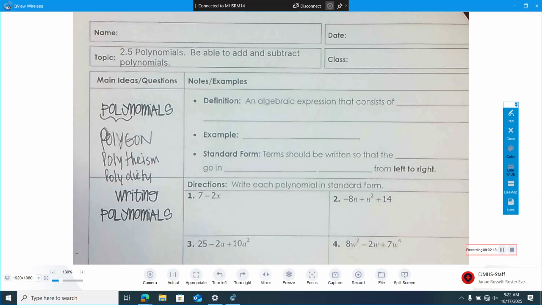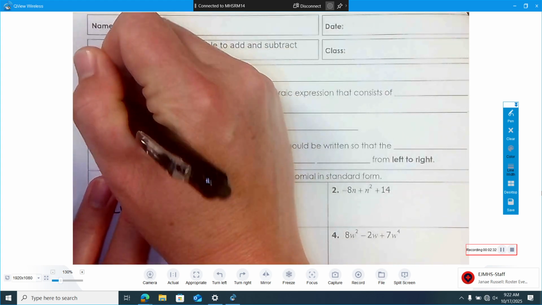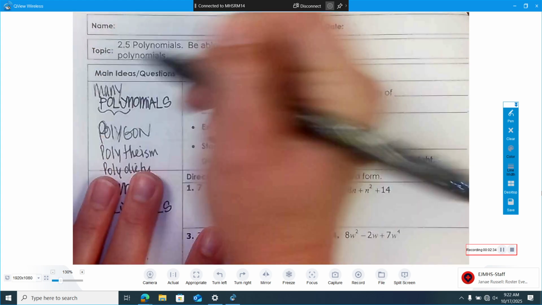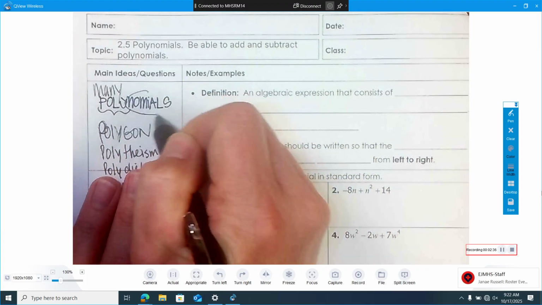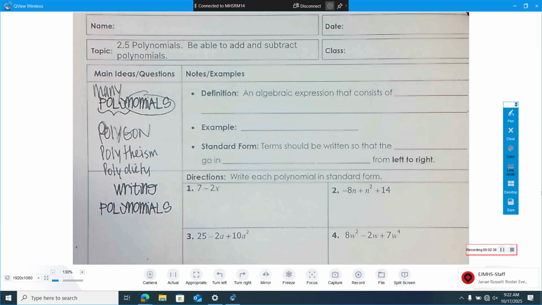So when you're thinking about your ancient societies like the Greeks, the Egyptians, right? They worshipped many gods. So the word poly actually translates to many. And then nomials is actually the word for name.